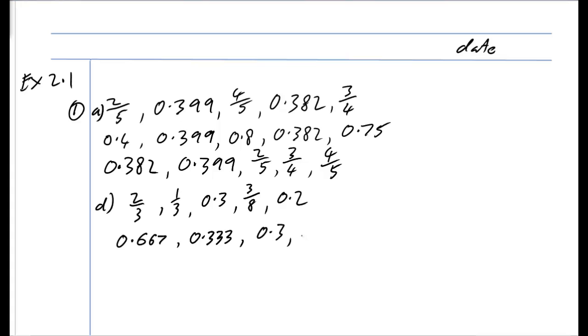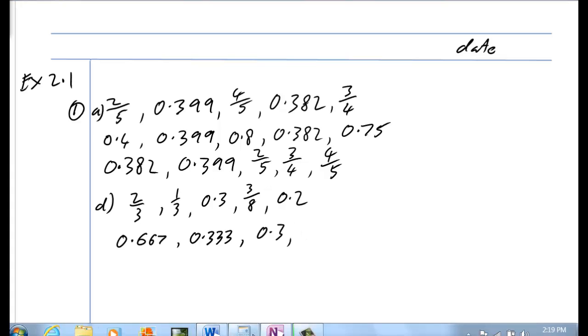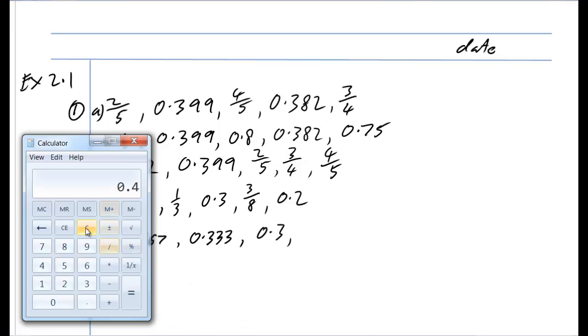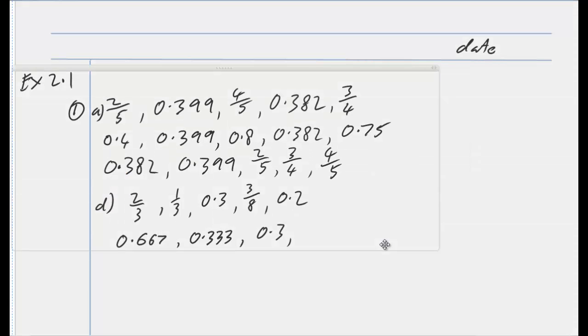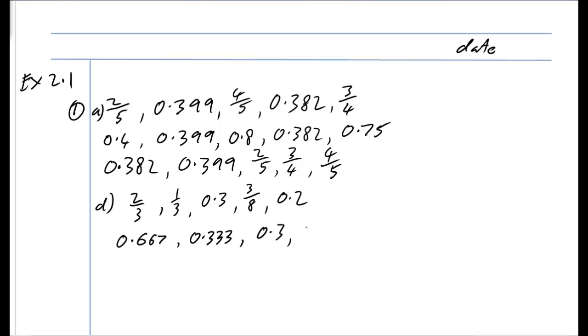The calculator tends to go on forever. Now, 3 on 8, not sure what that is, so let's just get a calculator and do that. 3 divided by 8 is 0.375. And the last number is 0.2.